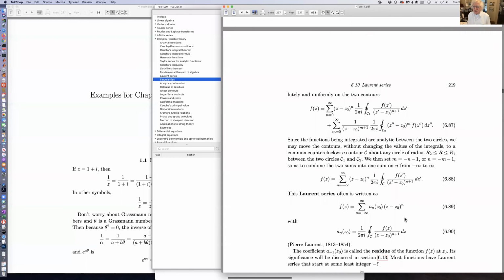So we can do another power series expansion of the function around the point z1. And for sure, it'll converge within the green circle, but it might converge also within the blue circle.